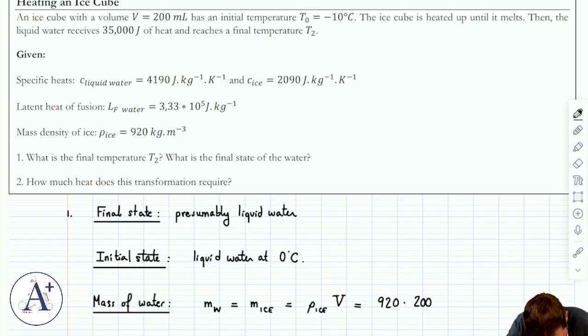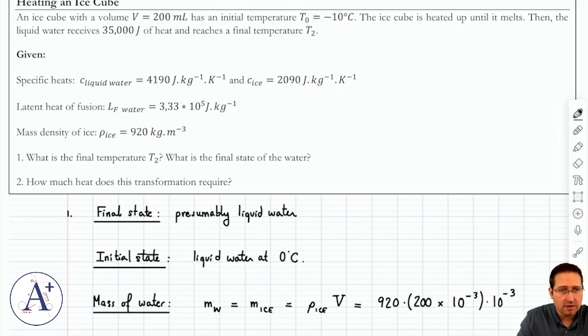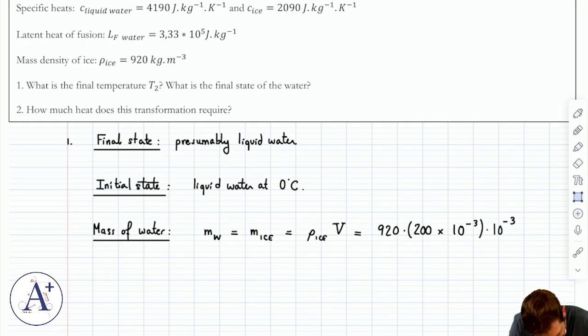Okay, so milliliters is 10 to the negative 3 liters. I don't want liters, I want cubic meters, the right unit for volume. 1 cubic meter is 1,000 liters, so this is going to be times 10 to the negative 3. All right. Now, real quick, what's that going to be equal to? It's going to be 920 times 200 times 10 to the power minus 6. That's going to be 0.184 kilograms of water.